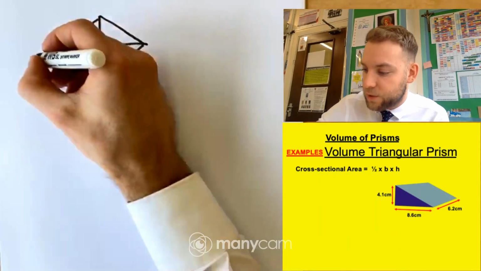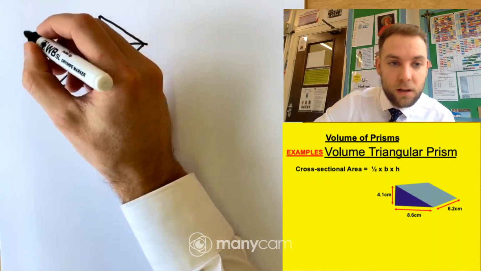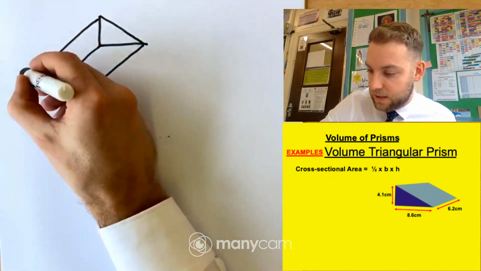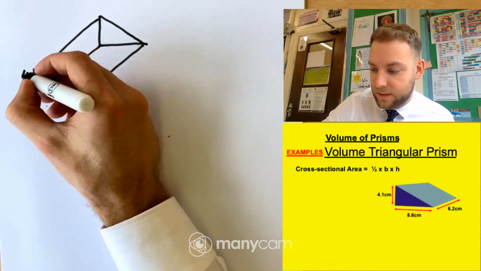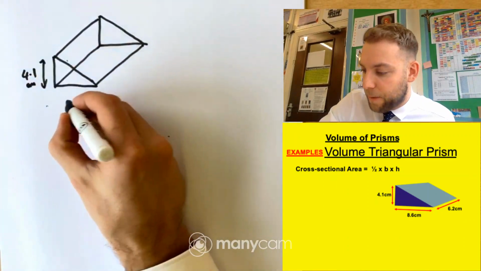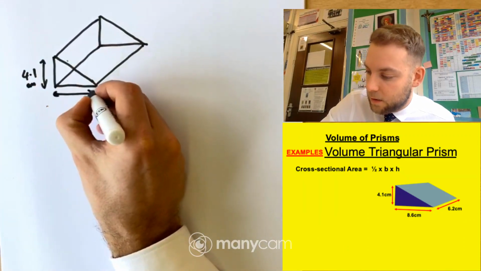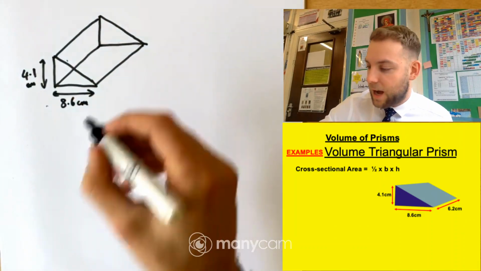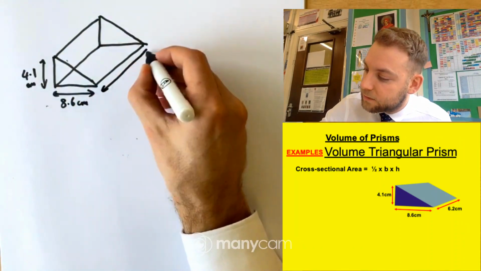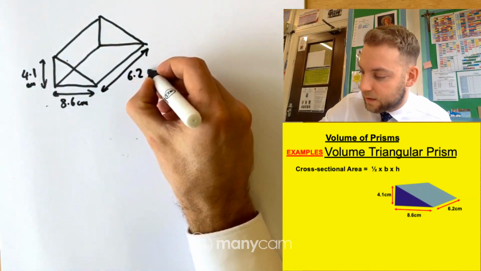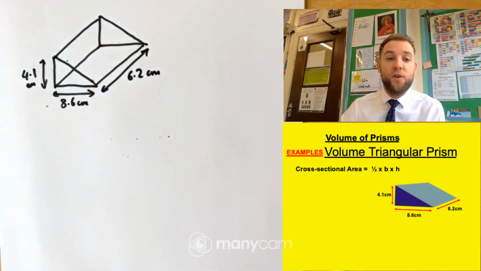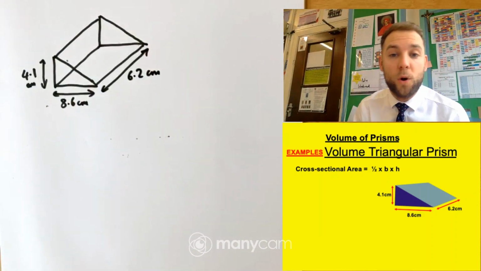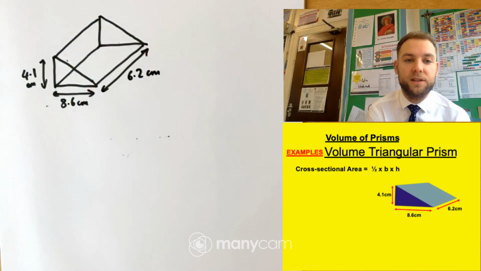Now you'll notice with this one, we have the height of this, which is 4.1 centimetres. We have the base of this, which is equal to 8.6 centimetres. And then we have the depth of this, which is 6.2 centimetres. So the first thing I need to do with this is work out the area of that cross section.